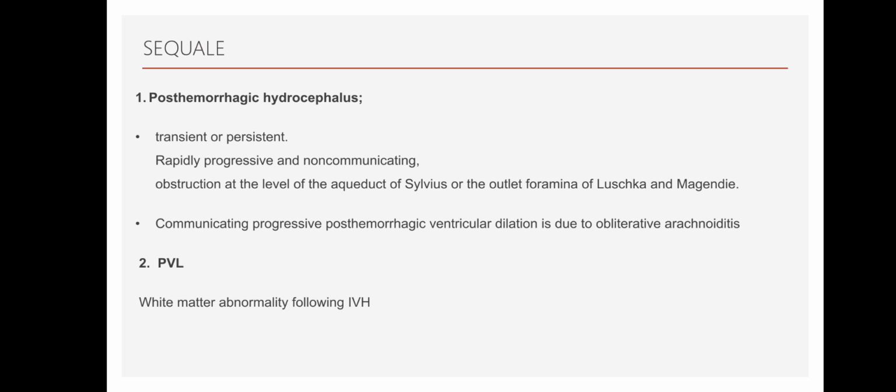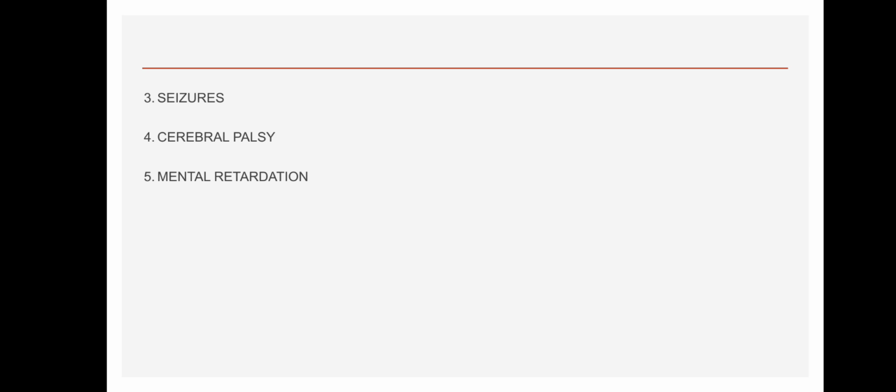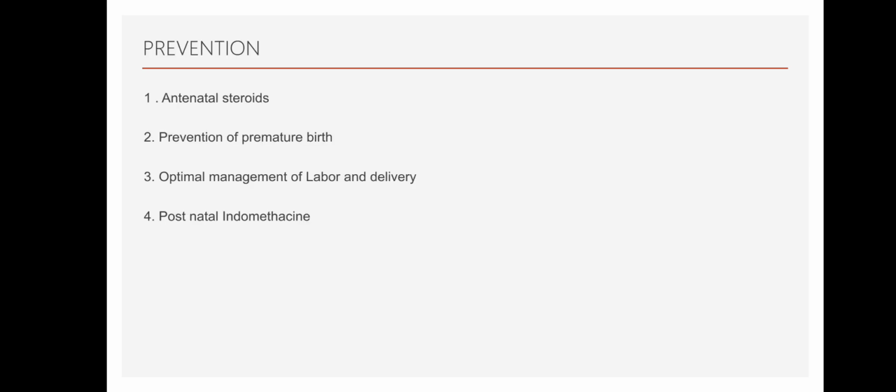The second most common complication is periventricular leukomalacia, which is the white matter abnormality that follows intraventricular hemorrhage. Seizures, cerebral palsy, and mental retardation are sequelae as well. Seizures could be short term, or could involve epilepsy. Cerebral palsy and mental retardation are the long term complications.